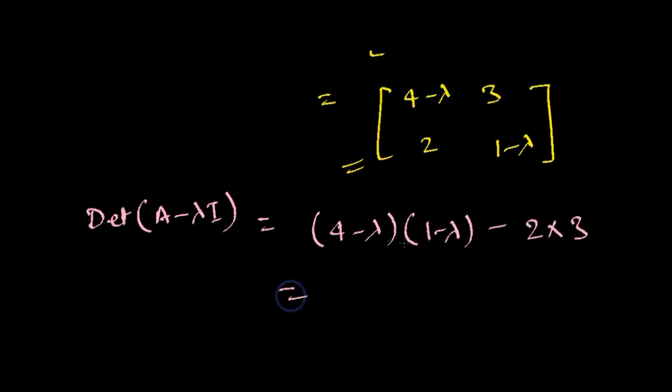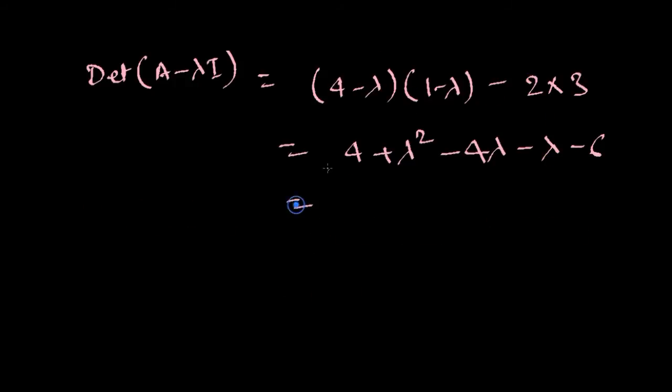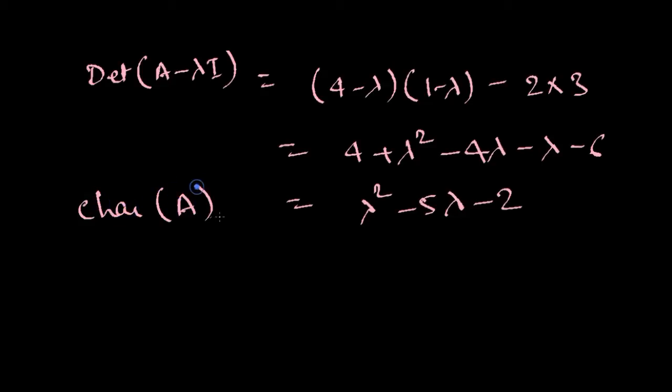It will give lambda square minus 5 lambda minus 2. So this will be the characteristic polynomial of matrix A.